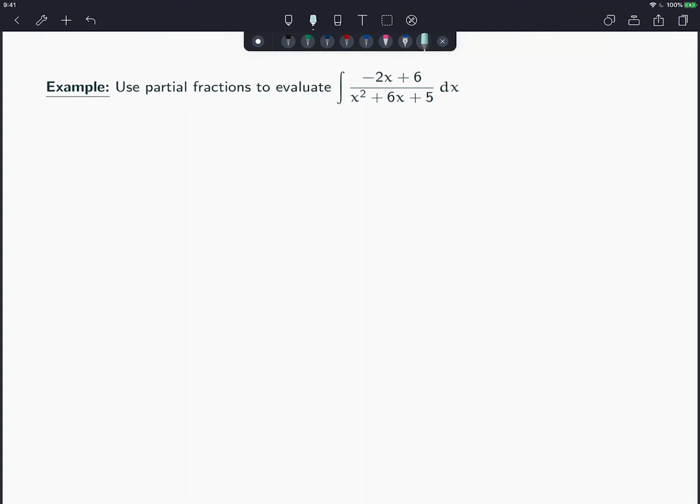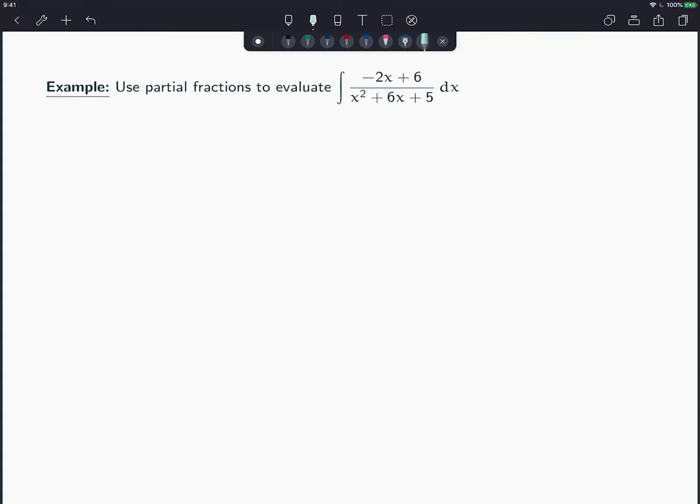Okay, so let's use this again in another example. On this one, I could factor the denominator as x plus 1 and x plus 5. So I'm going to find the factorization.